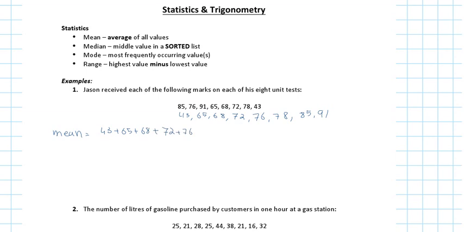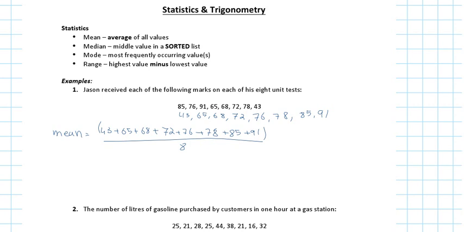When you add them all up on the calculator, make sure you actually hit the equal sign after the last number and then divide by 8, or put the numbers in brackets.